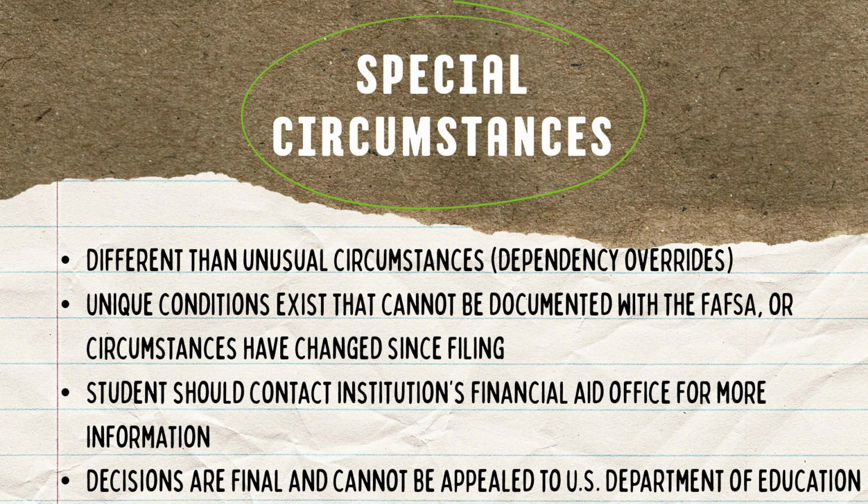If you do have a special situation that needs to be considered, contact the financial aid office at each college for additional information. It's important to note each school may have a different process and required documentation. And once the decision is made, it's final and can't be appealed to the U.S. Department of Education.